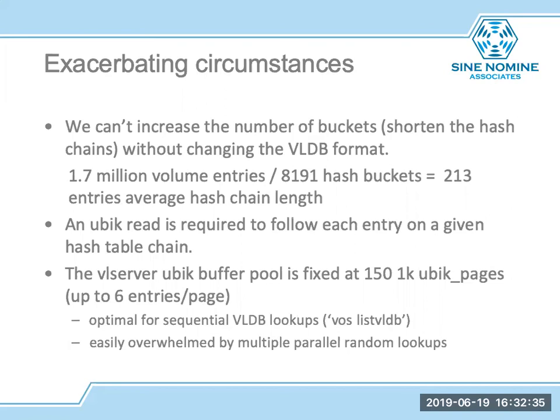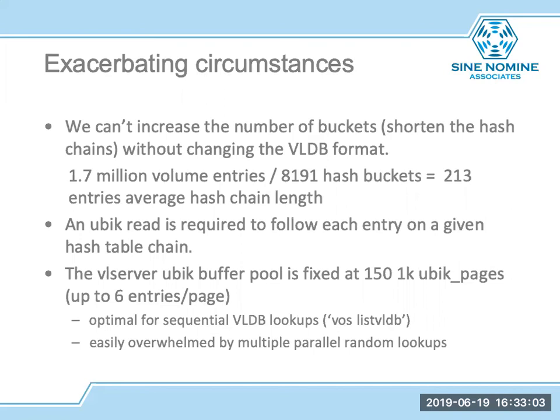So the fact that this buffer pool is not configurable and is relatively small is also a problem. If I have to chase a 200 volume hash chain, I'm guaranteed to do on average 100 volumes. And they're probably going to be scattered randomly all through this VLDB. So you can see how quickly I can swamp this buffer.